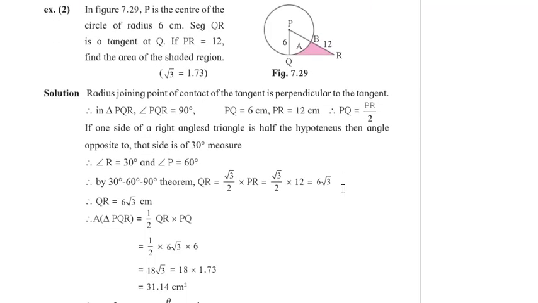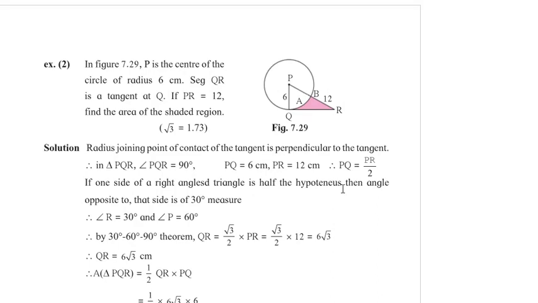Now this second question: in figure 7.29, P is the center of circle of radius 6, QR is a tangent at Q, PR is 12, find area of shaded region. Now you can see here in the diagram, this area of shaded region I have to find out.